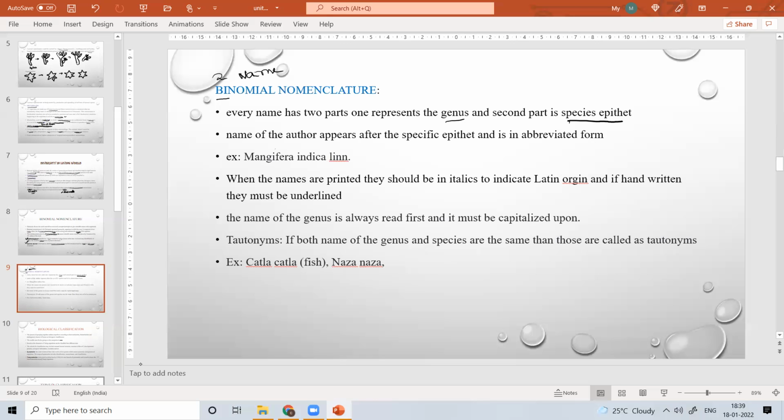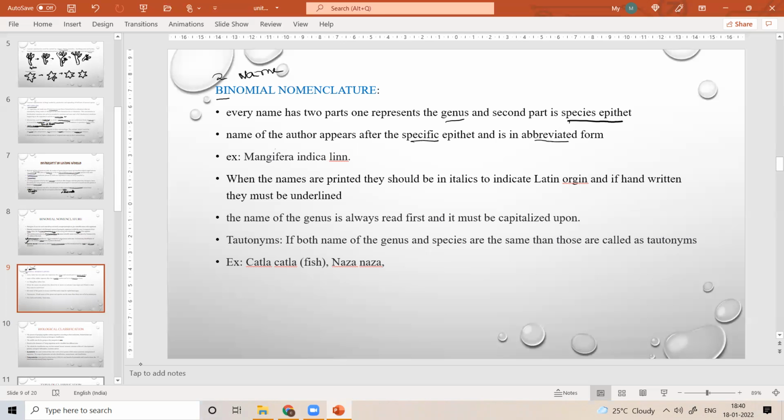So basically, the name of the author appears after the specific epithet. After the name of the species, if they want to mention the author name, it will be present after the species name, and it should be in abbreviated form, not the full name.